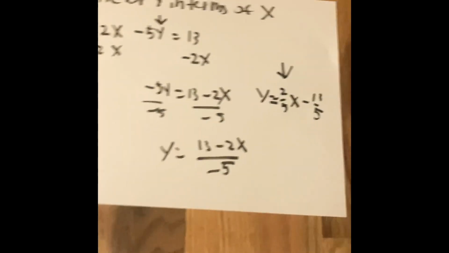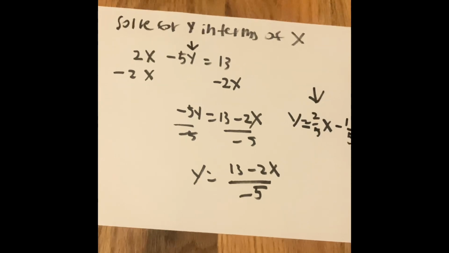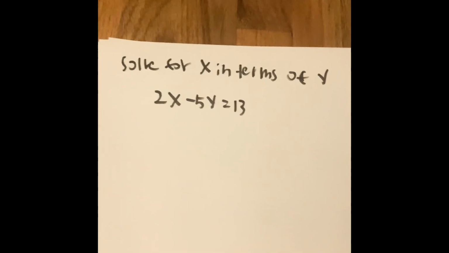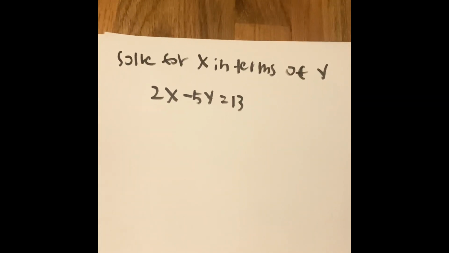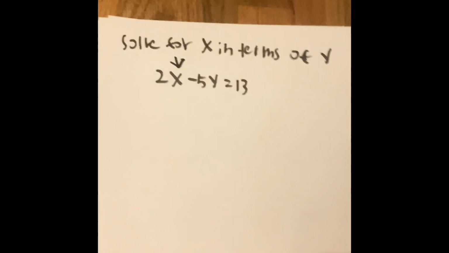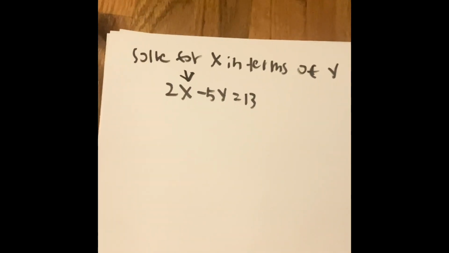Let's try another one. Instead of solving for y in terms of x, why can't we just try to solve for x in terms of y? In this scenario, we're going to isolate the x variable and put y on the other side. We'll show you why this happens.